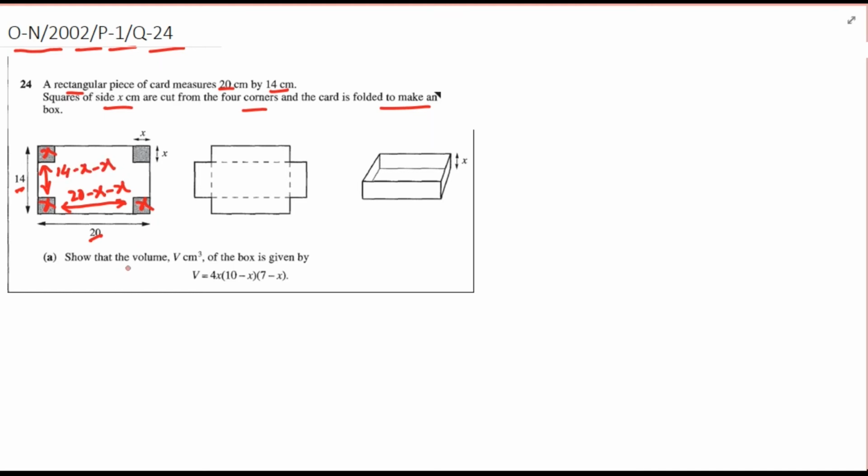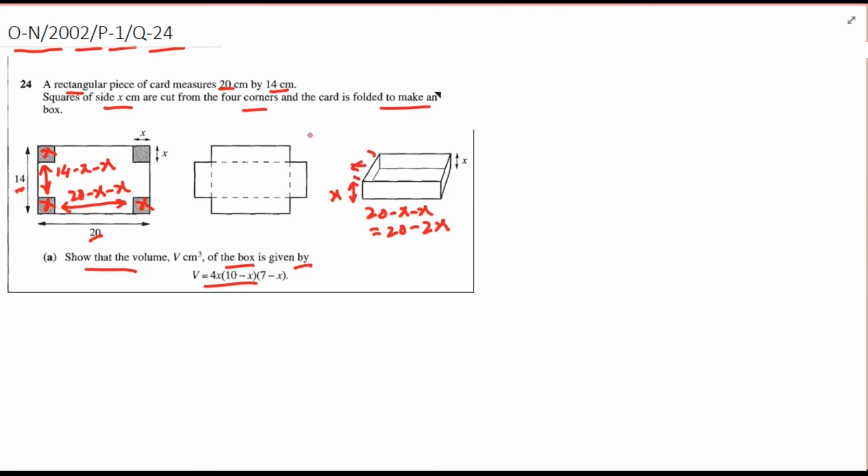Part A. Show that the volume V of the box is given by V is equal to 4x bracket 10 minus x bracket 7 minus x. Now the length of the box is equal to 20 minus 2x. Its height is x as shown.